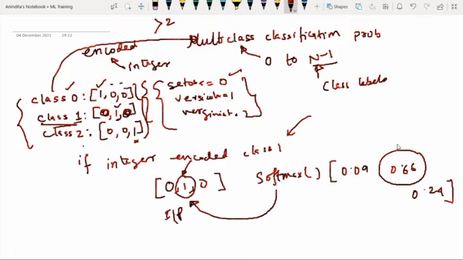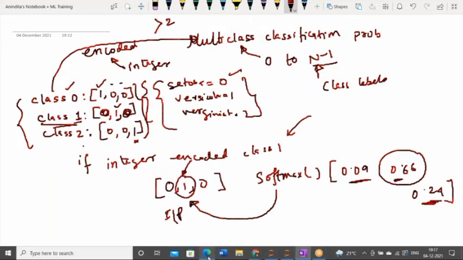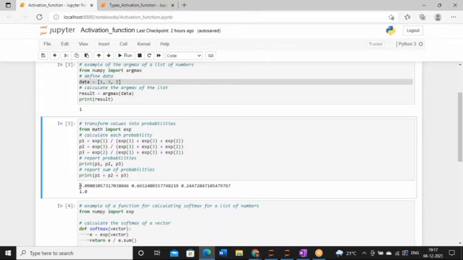Some kind of cross entropy is also used here. The concept is very simple. After visualizing the output of the softmax function like this, you can interpret which portion has the maximum weightage applied on it: 0.09, 0.66, 0.24.